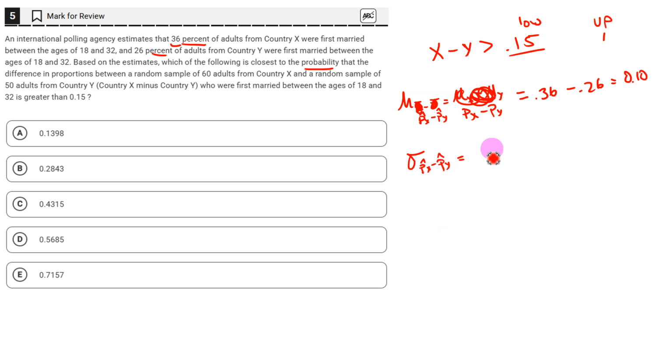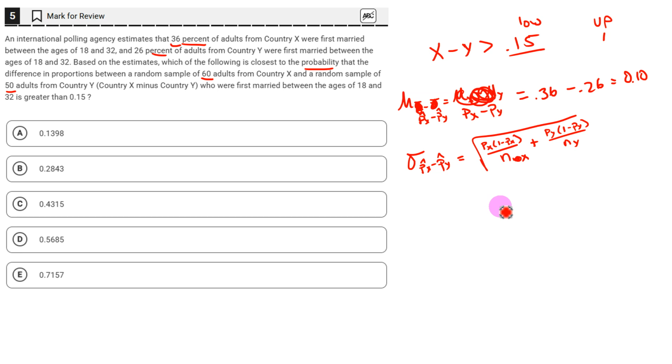Our standard deviation, so it's P hat X minus P hat Y, will be a very long one. It's the square root of PX(1 minus PX) over NX plus, always plus, PY(1 minus PY) over NY. Our sample sizes, NX is 60 and NY is 50.